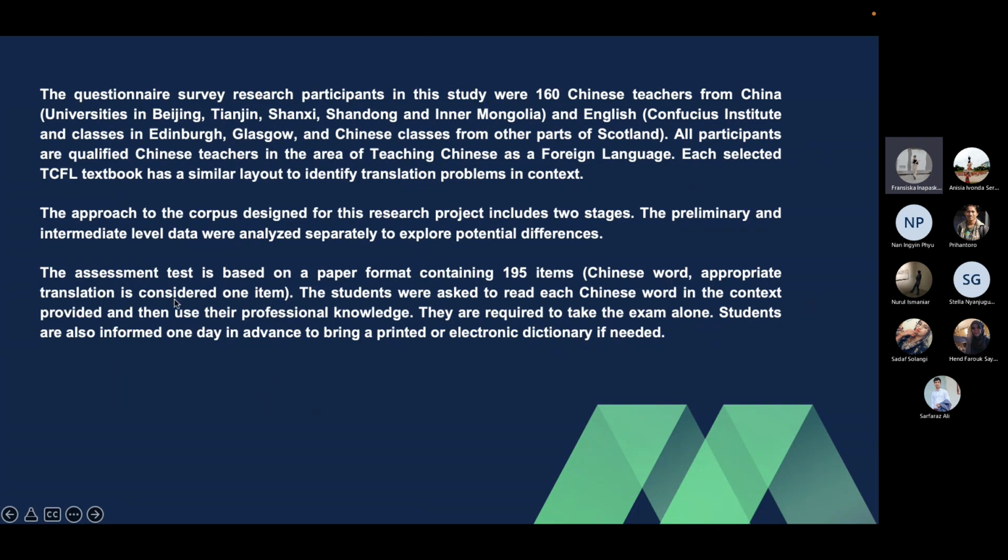Appropriate translation is considered one item. The students were asked to read each Chinese word in the context provided and use their professional knowledge. They are required to take the exam alone, and the students are also informed one day in advance to bring a printed or electronic dictionary if needed.